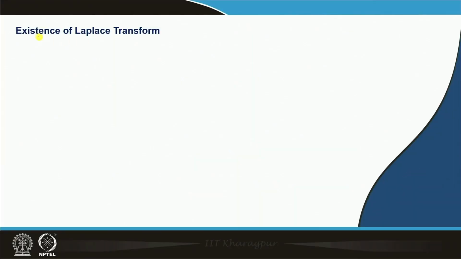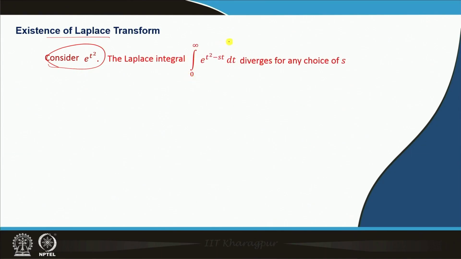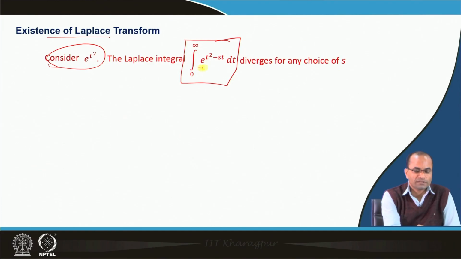So, regarding the existence of Laplace transform, if we consider for instance e power t square, and try to compute this improper integral 0 to infinity e power minus s t and e power t square.